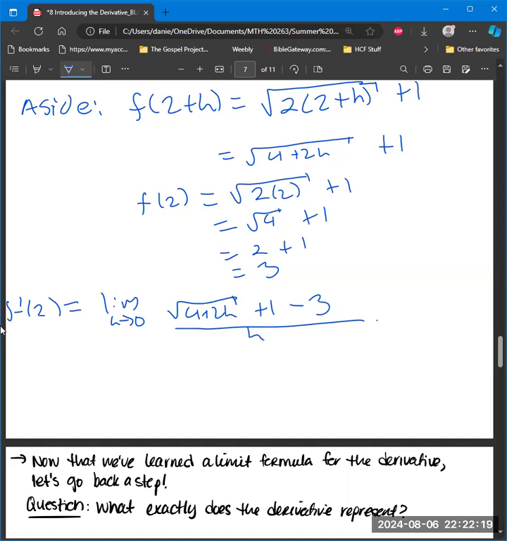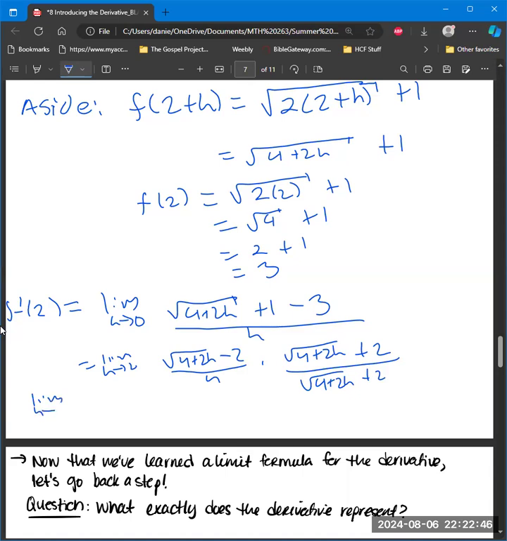We're going to have to make this the limit as h goes to 0 of root 4 plus 2h minus 2. Now multiply by the conjugate. That's going to be the limit as h goes to 0 of 4 plus 2h minus 4 over h times root 4 plus 2h plus 2.